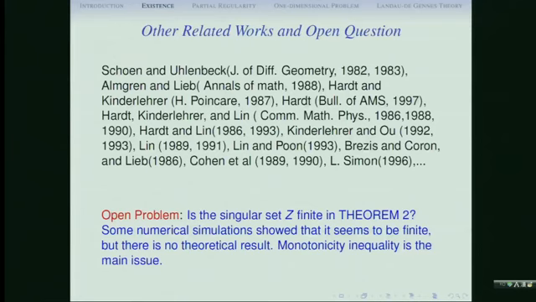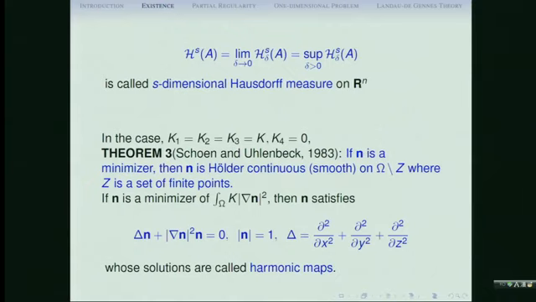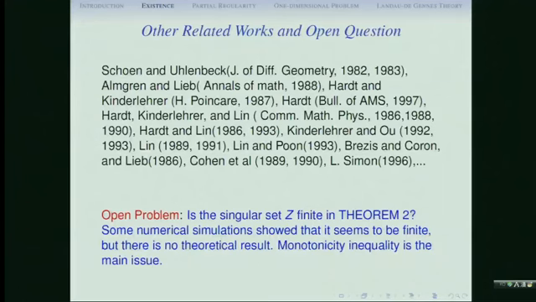What they prove here, if it's a minimizer, is Hölder continuous except on a closed set, which has Hausdorff measure zero. In order to prove the singular set is finite, you need a certain monotonicity inequality, and in the non-equal constant cases, the Oseen-Frank energy does not have monotonicity inequalities. So I think this is still an open problem.